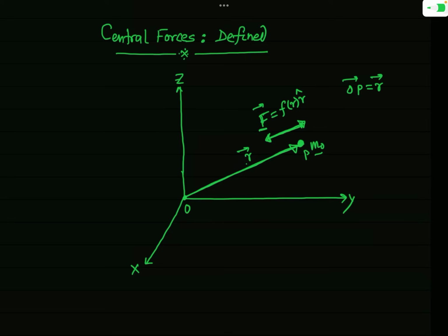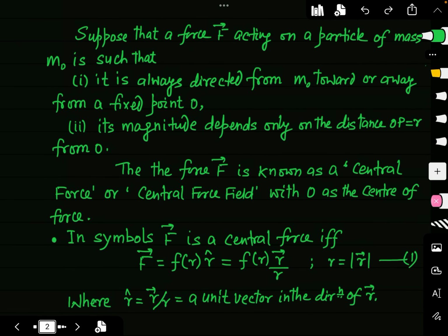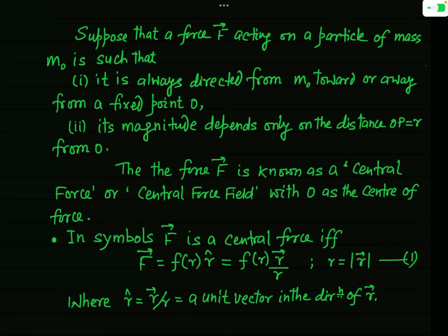I have mentioned it here for your convenience. F is a force acting on a particle of mass m0, and this force is such that it is always directed from m0 toward or away from a fixed point O. This is the first criterion.